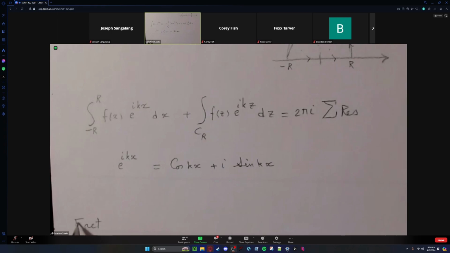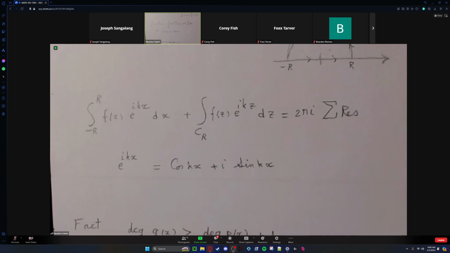In this case, I don't need the degree to be two more. One more would be enough. If the degree of the denominator is bigger than the degree of the numerator plus one.